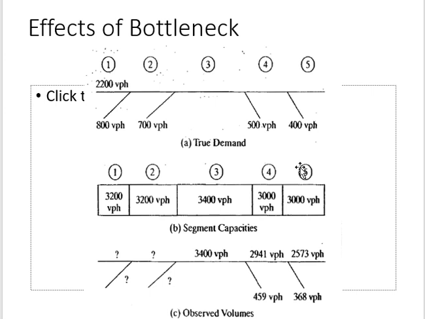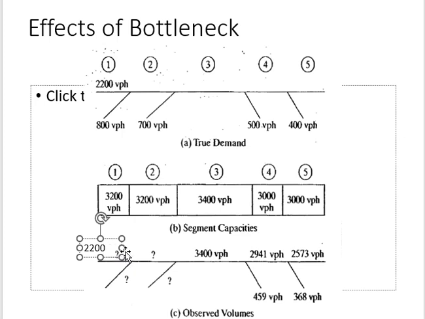Okay. First segment. Look at the demand. Look at the capacity. How much will be the volume? Right? Because the demand is less than capacity, so it's the same. No problem. Okay?